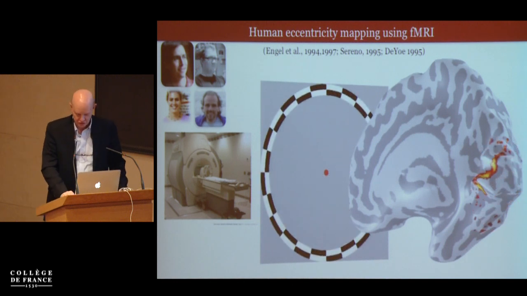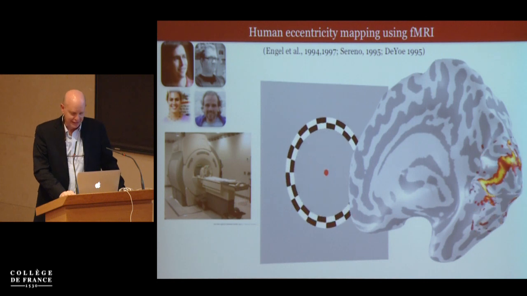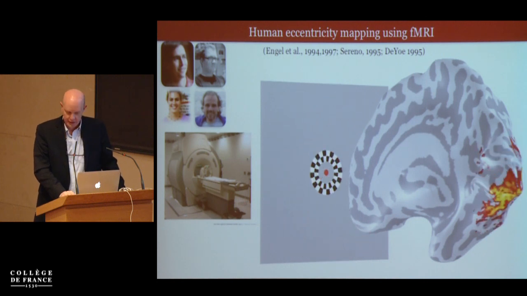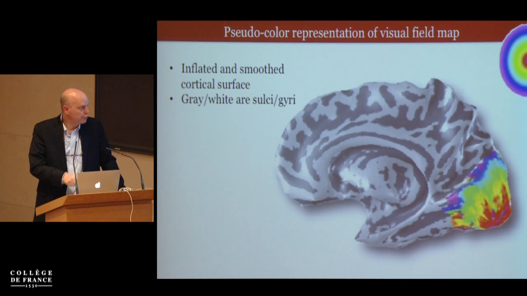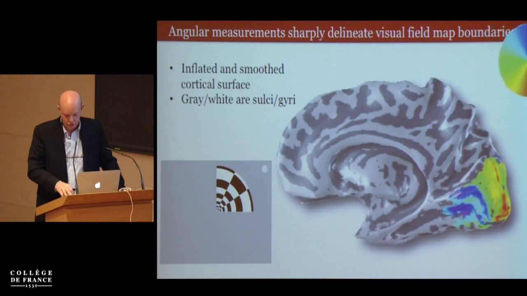We all worked on these experiments over the following 10 years, from about 92 to 2002. You can represent this expanding ring, this eccentricity map from the fovea to the periphery, in a static view with color codes for which part of the visual field, from the fovea to about 15 to 20 degrees in the periphery. And you can see the map in the living human brain.